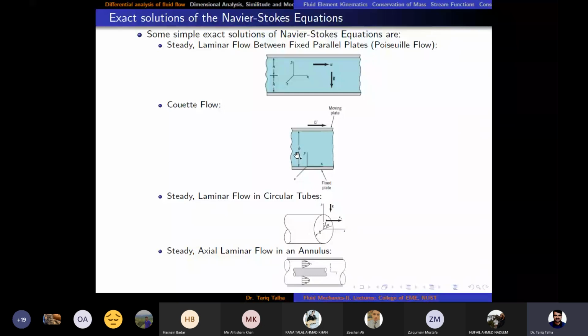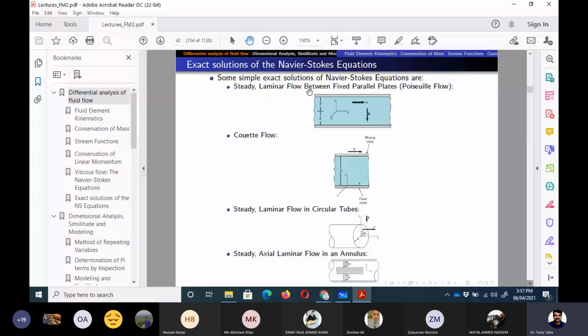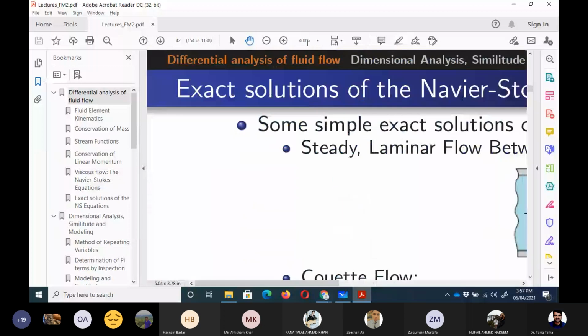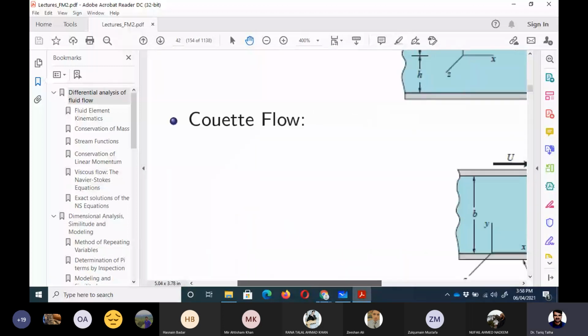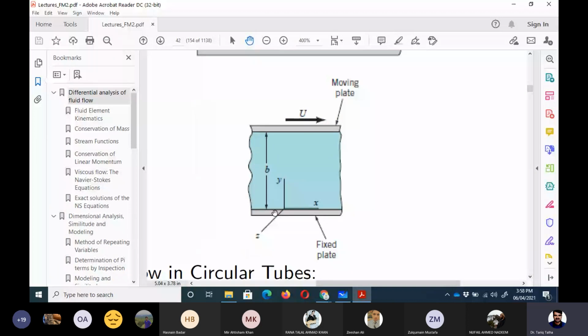If you can see it, maybe it is not very visible, but let me make it a little bit more visible. If you look here, we have got a fixed plate at y is equal to 0, because the coordinate system is starting from the lower plate.